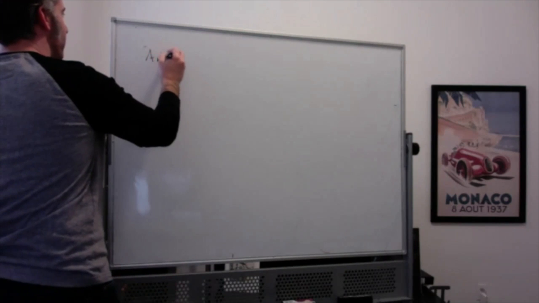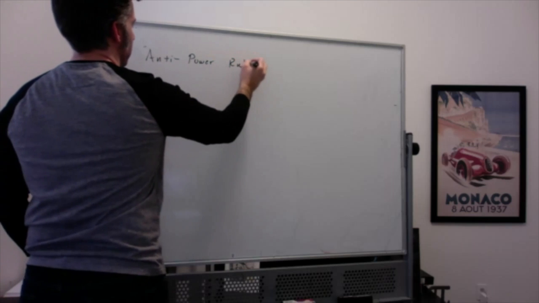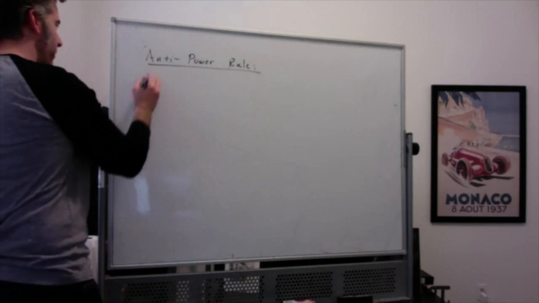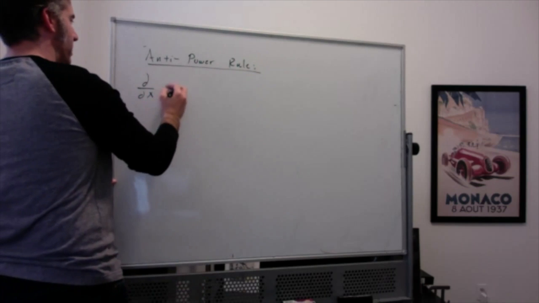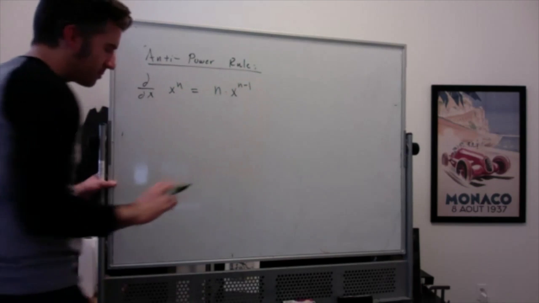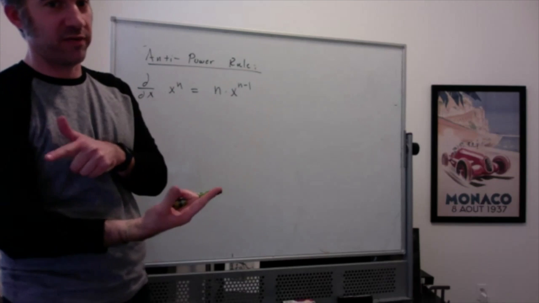So the anti-power rule: we know that the derivative of x to the n is equal to n times x to the n minus 1. The neat thing about antiderivatives is you're kind of undoing what the derivative does.